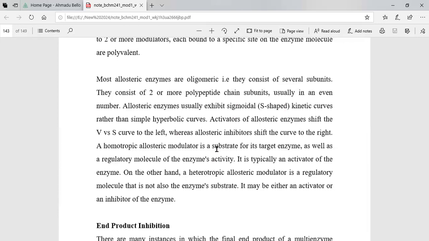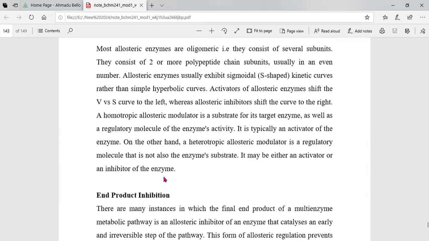Activators of allosteric enzymes shift the S curve to the left, whereas allosteric inhibitors shift the curve to the right.